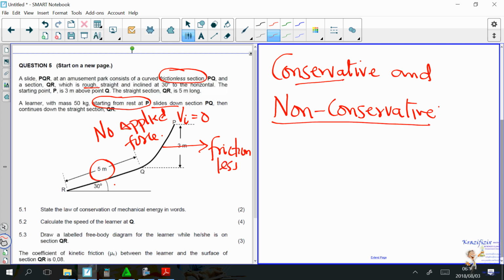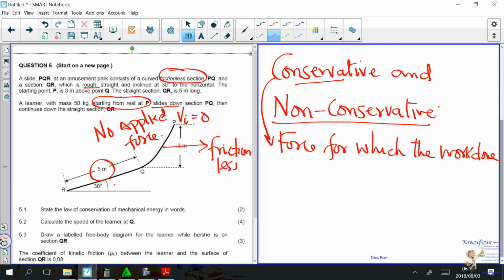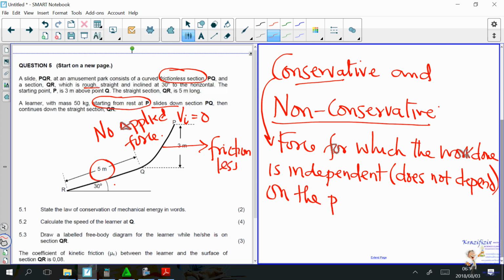Let's define a conservative force. It is a force for which the work done does not depend, or is independent, of the path traveled. Some other textbooks will say does not depend, whichever one you're comfortable with. Please master this definition.